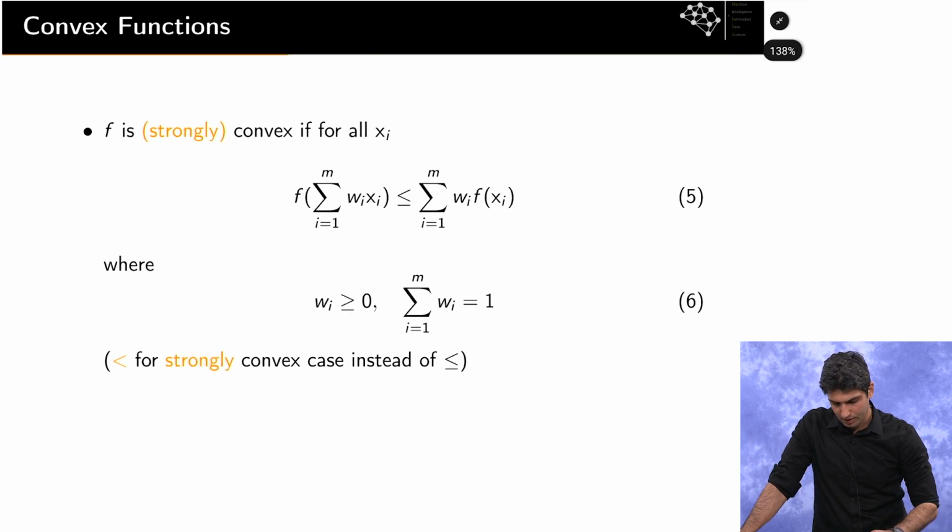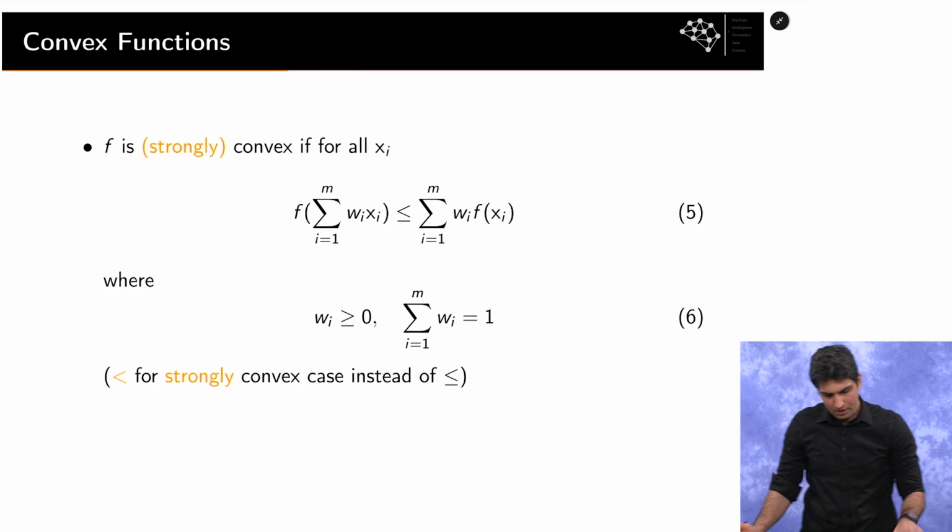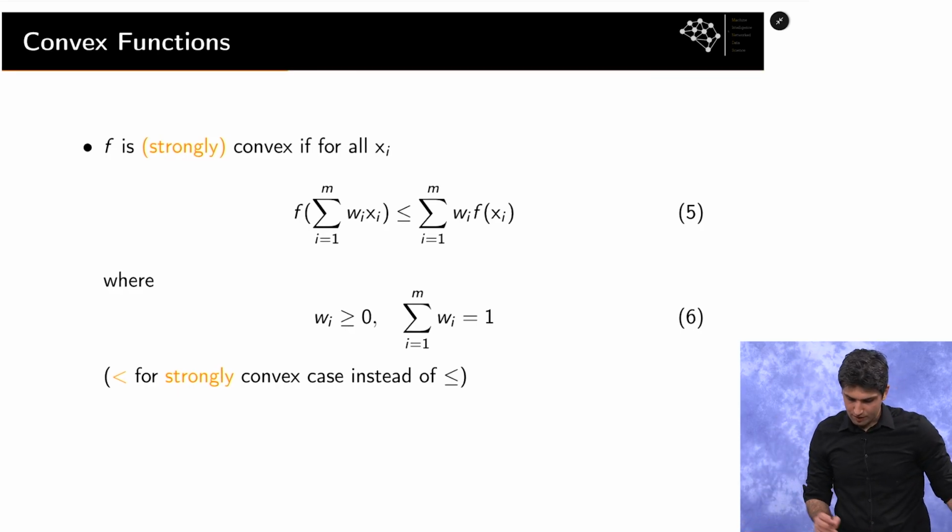So a function is convex, and for the timing, please ignore what I've written here in orange, I'm going to discuss it in a minute. So a function is convex if for all xi's, f of the convex combination is less than or equal to the convex combination of the function values.